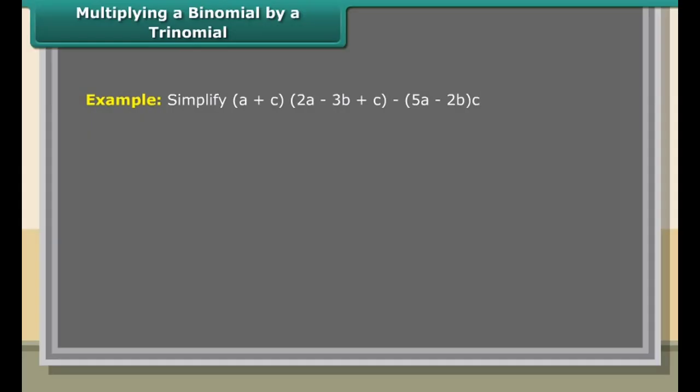Example, simplify (a + c)(2a - 3b + c) + (5a - 2b)c.